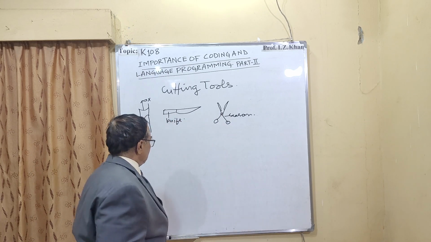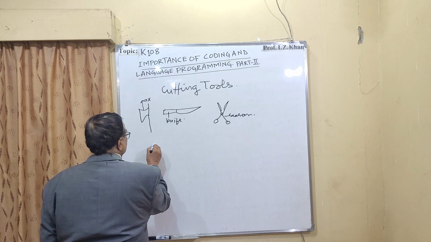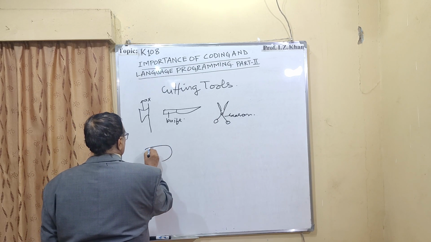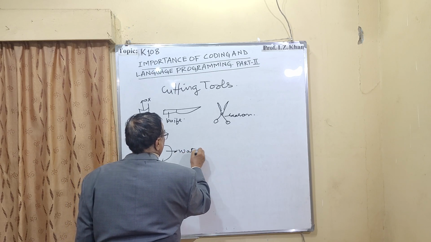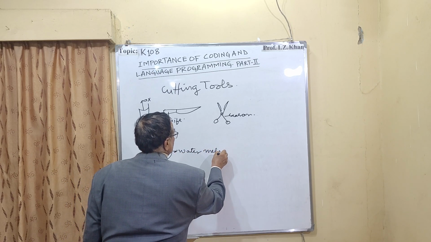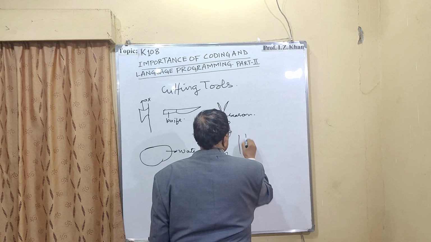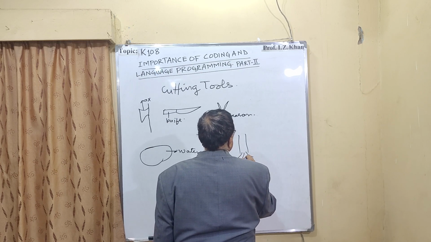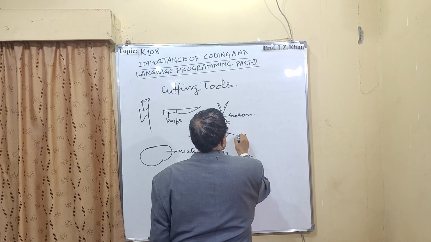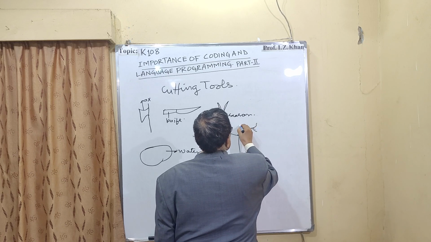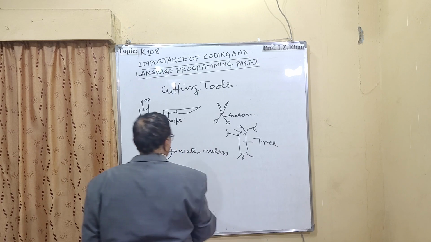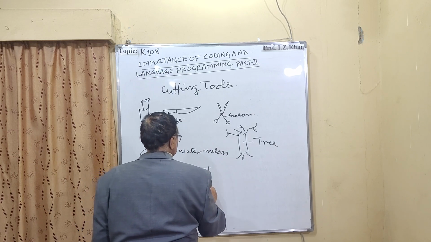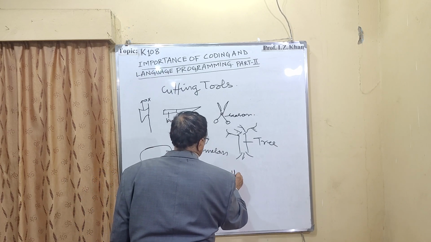Now we have a watermelon, the other one is a tree, and the third one is cloth.